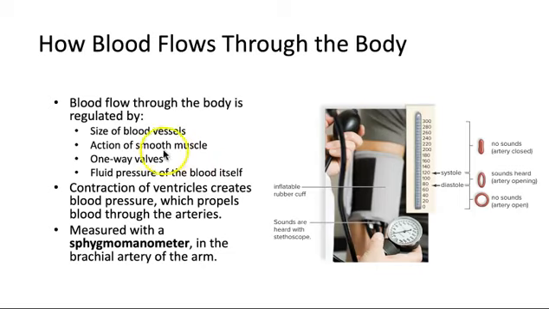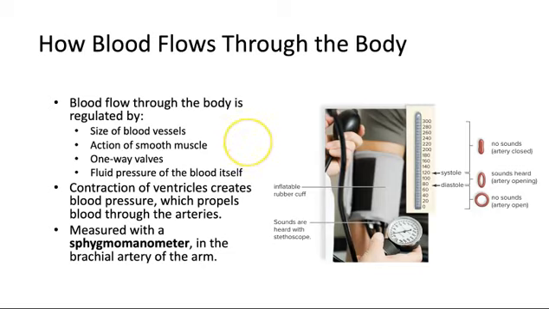We also have one-way valves, namely within our veins, to make sure that our blood flows in one direction. We can also find this in our lymphatic vessels. And then we have the fluid pressure of the blood itself. And so we can change some of these factors based on the body's needs and directions through our nervous system and our endocrine system in releasing hormones.